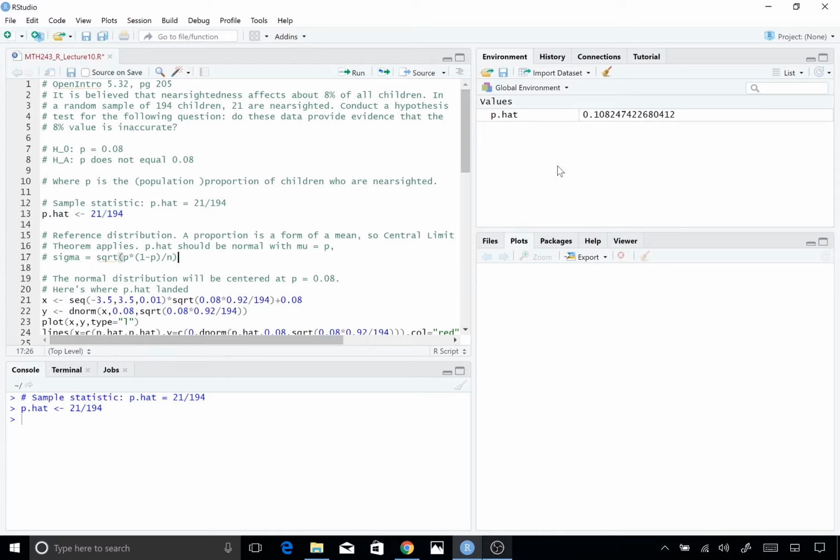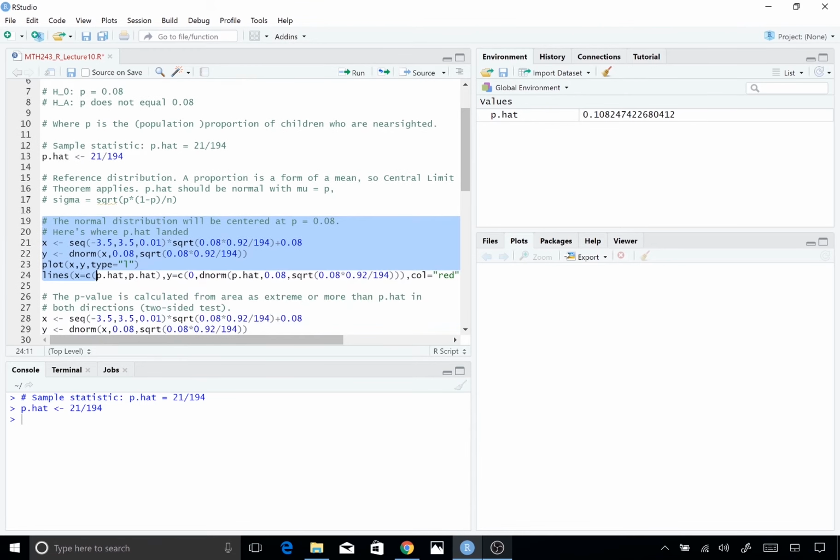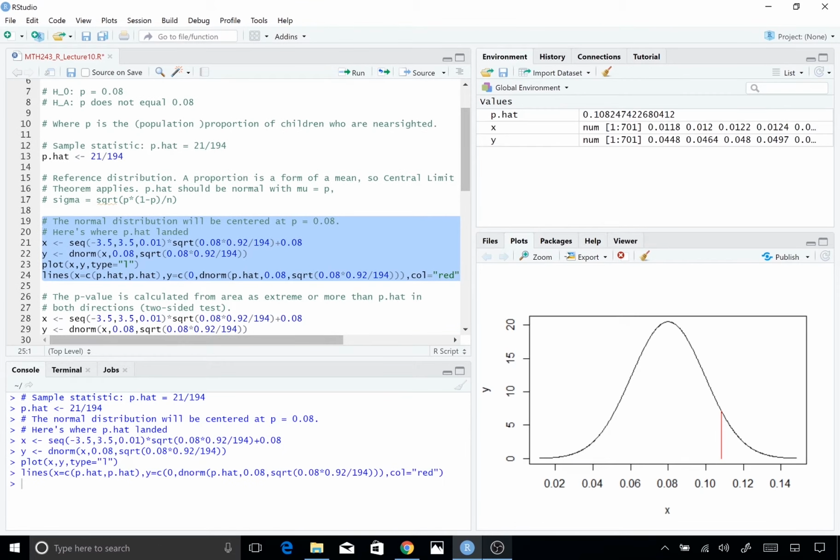When we're doing a two-sided test, we look at where the statistic shows up. Then we calculate the more extreme area, then find the corresponding area on the other side. In this case, the test statistic, p hat, shows up above the hypothesized proportion of 0.08.